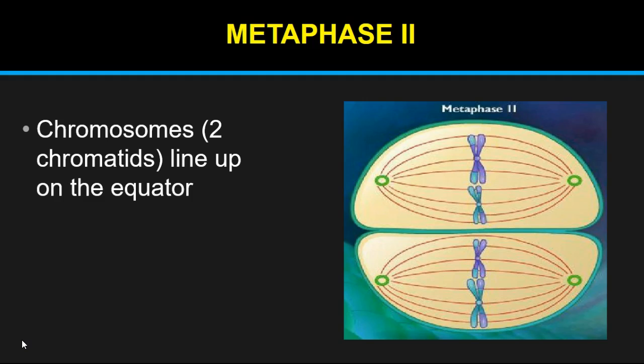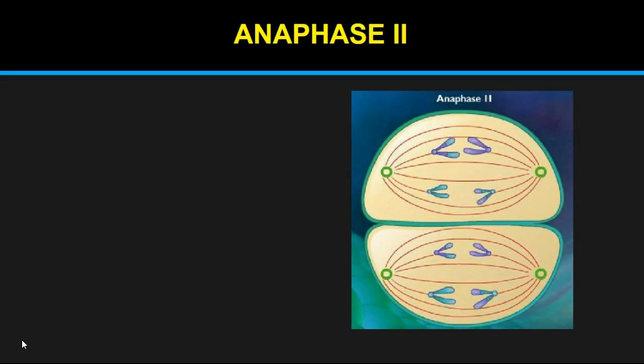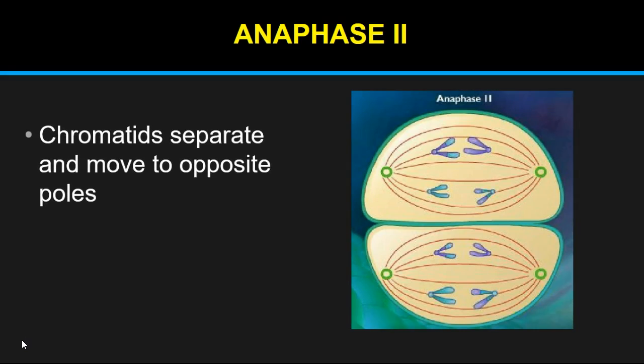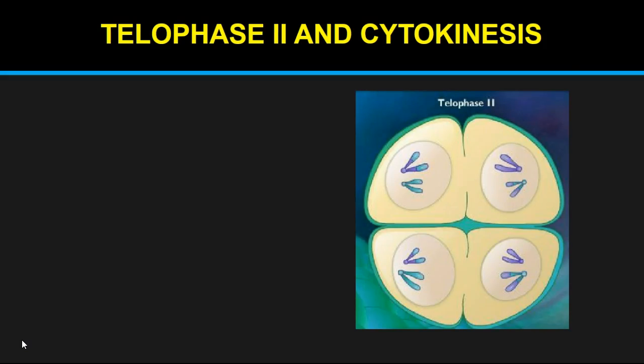So we no longer have homologous pairs. The chromosomes have lined up in the middle. In anaphase 2, we see the chromatids are being separated and are moving away from each other toward opposite poles of the cell, just like in anaphase in mitosis. And in telophase, you can see that the nuclear membrane forms around each set of chromosomes.